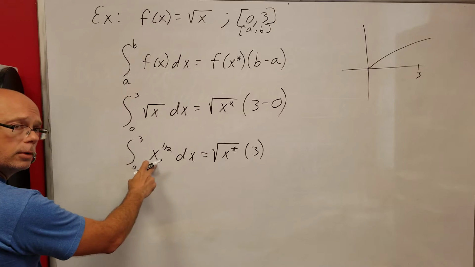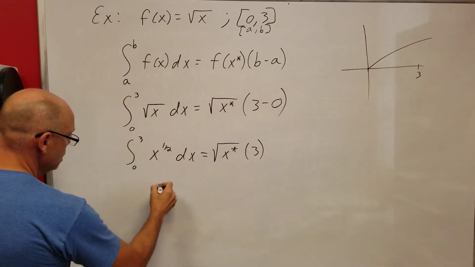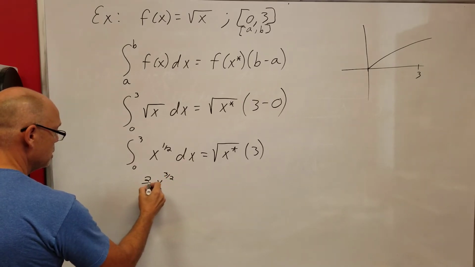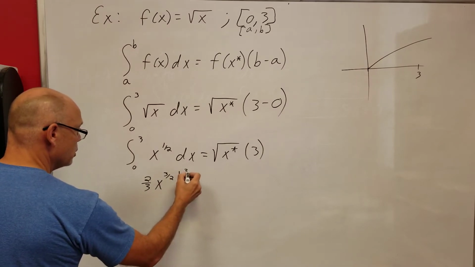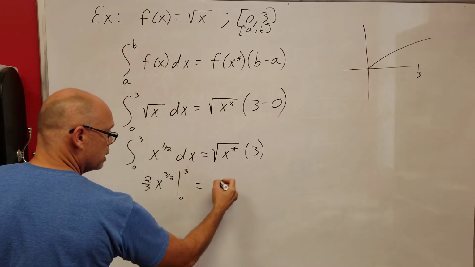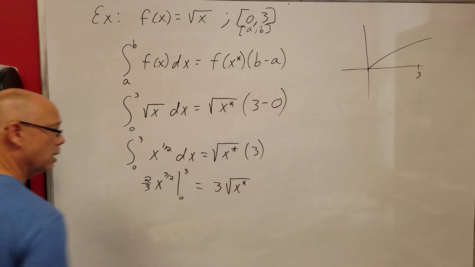Let's take this antiderivative. In other words, let's evaluate the integral on this side. So it'll be x to the 3/2 times 2/3 from 0 to 3, is equal to, I can commute these around, 3 times the square root of x star there.